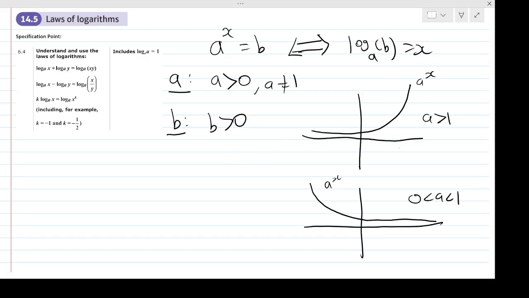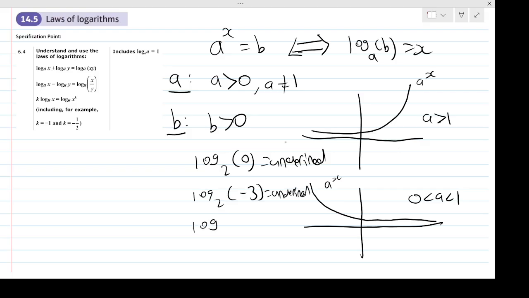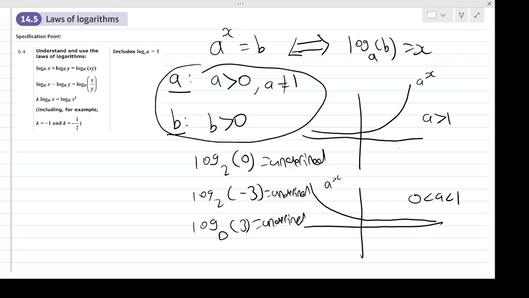If you were to put in, let's say, log of 2 to the 0, you would get undefined. Or if you do log base 2 of, let's say, -3, it's a negative, that would still be undefined. If you have log of, let's say A is 0 now, of 3, that would still be undefined.